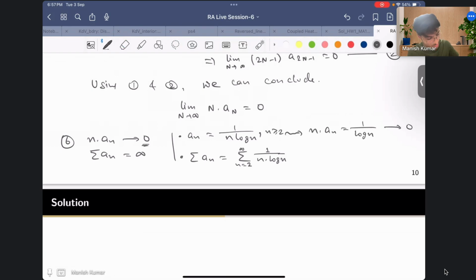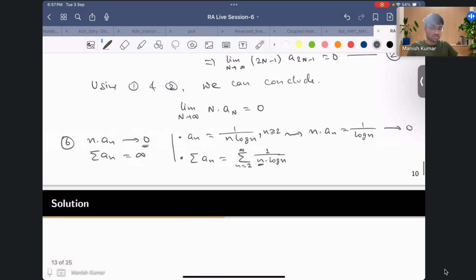Okay, so as you pointed out, we have to use the Cauchy condensation test. I mentioned also, when you get this n kind of thing here, then you can easily understand that we have to use the Cauchy condensation test. That would be the easiest one. So you can clearly see this is infinity, and the reason is this, by Cauchy condensation.